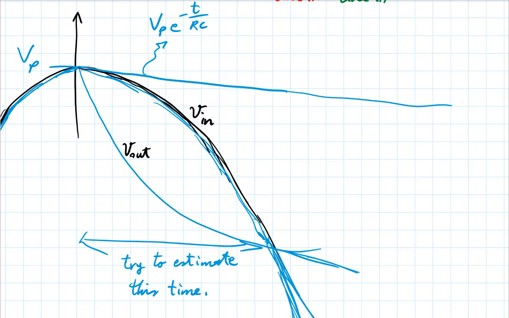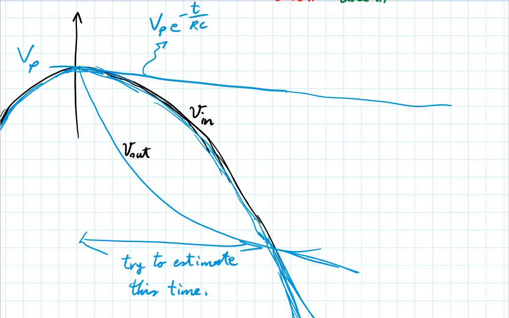As soon as the input comes down from its peak value a tiny bit, the output can follow it. Because if you didn't have the input, the output would have gone down this fast, right? So the output can actually follow the input very fast compared to the rate at which the input is changing. You see? So the output can actually respond to the variations of the input.